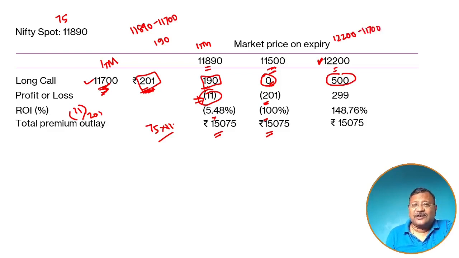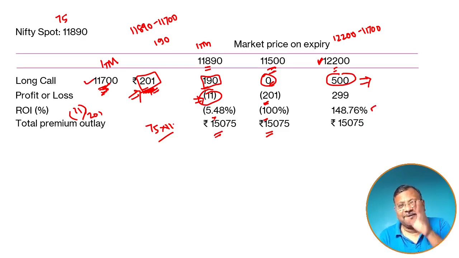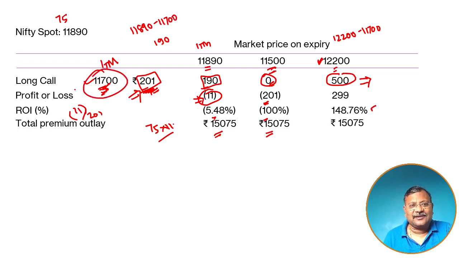Which means the option which he purchased at 201 is now worth 500. That means he's making a profit of 299 on his investment of 201, which gives us a ROI of 148.76%. Now, this is the situation where the trader buys an in the money option. That is, he buys the in the money option by paying a hefty premium.